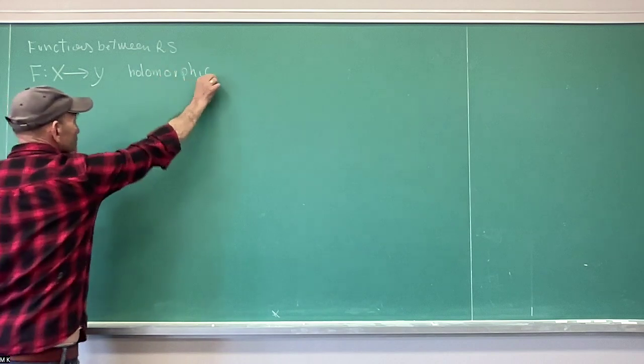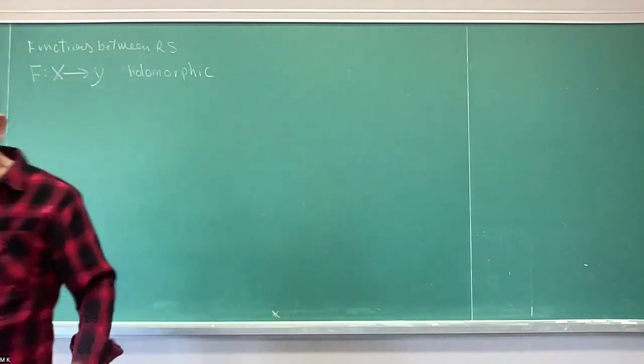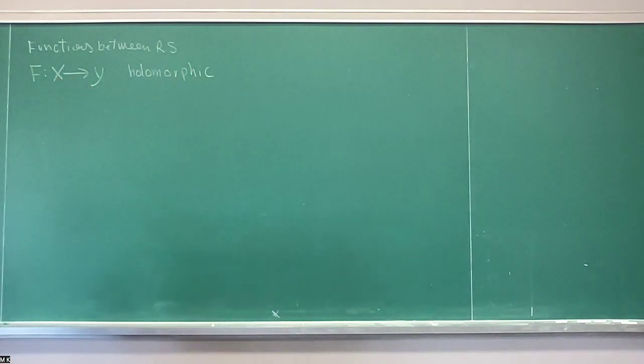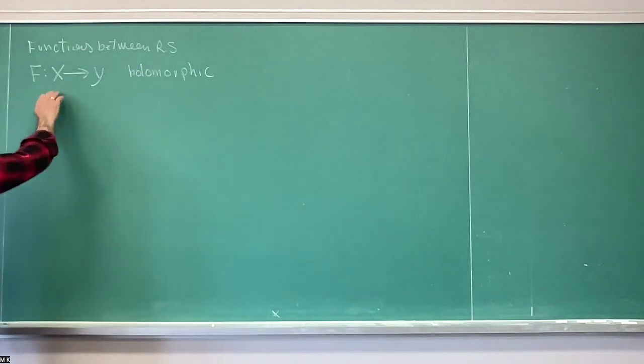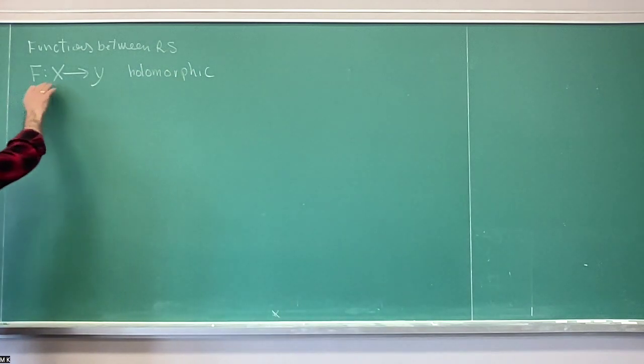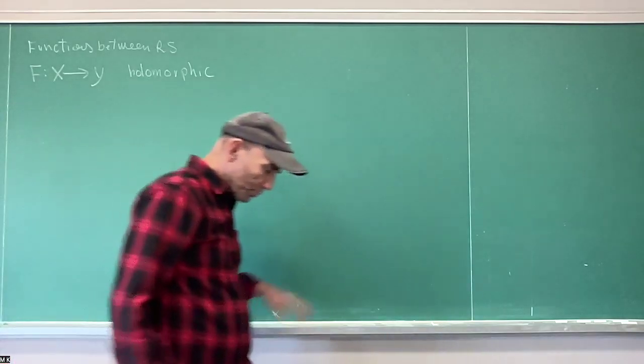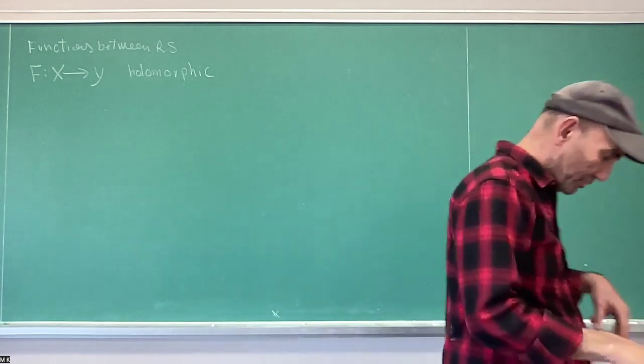There are also meromorphic functions that I will define soon. So what is a holomorphic function? As you can imagine, this is a complex manifold. So a function like that should respect the complex structures, right?